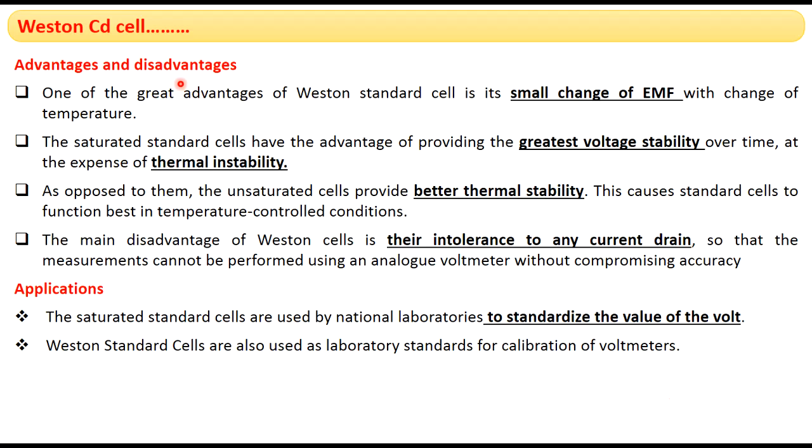Advantages and disadvantages of a Weston cell. The greatest advantage of the Weston standard cell is the very small change in EMF with the change of temperature. Saturated Weston standard cells have the greatest voltage stability over time, but their thermal stability is very low.